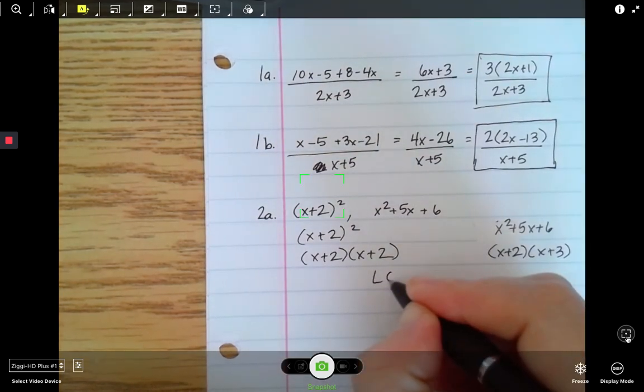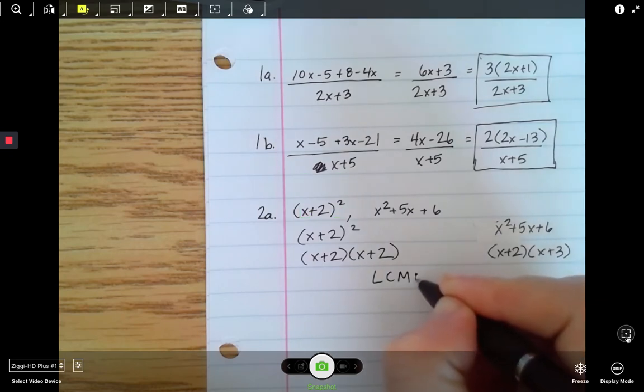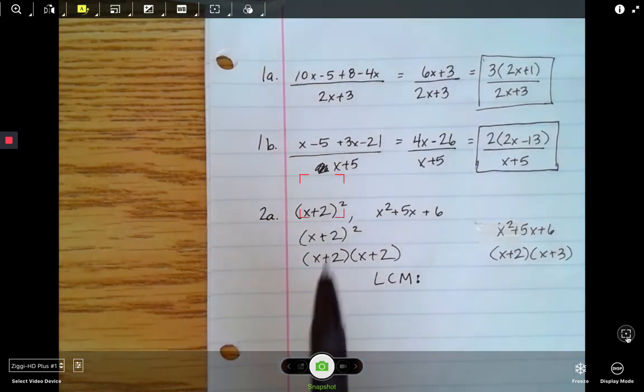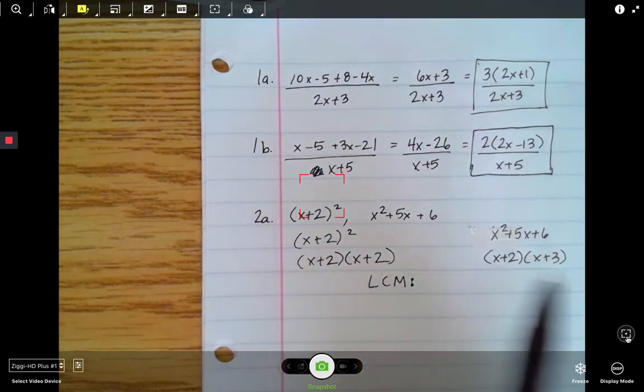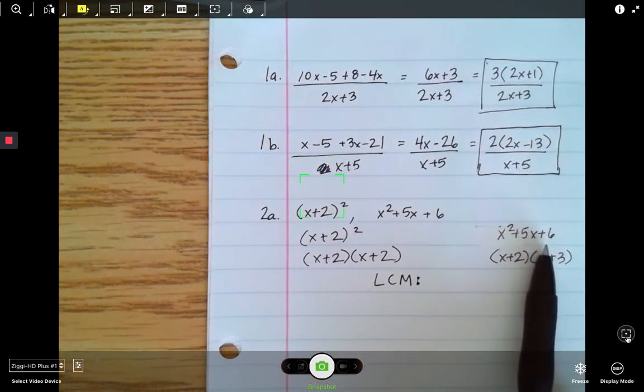So least common multiple. What in the world does that mean? That means I need everything that this expression has to be over here, and everything that this expression has to be over here.